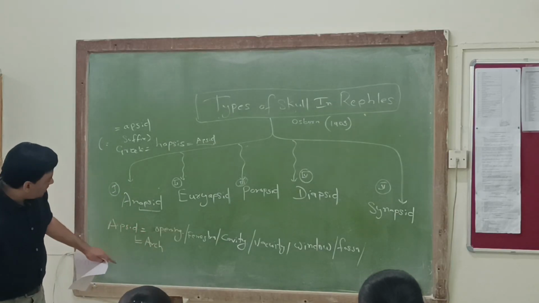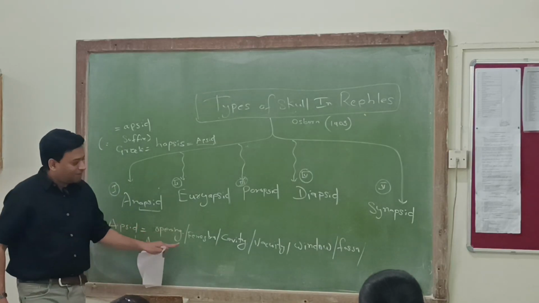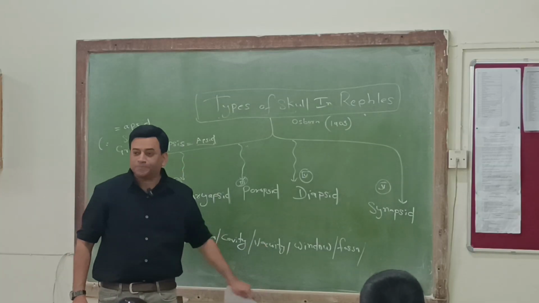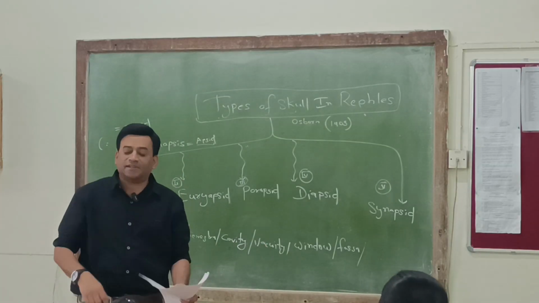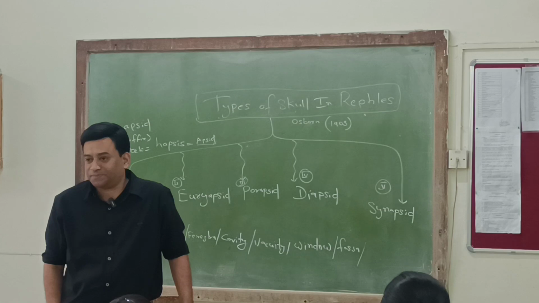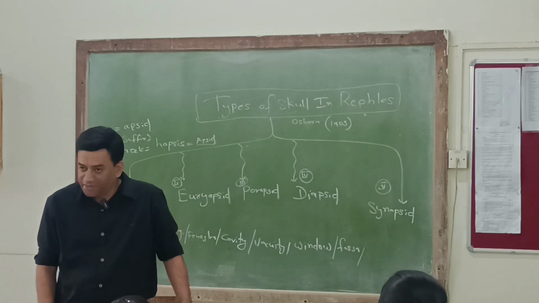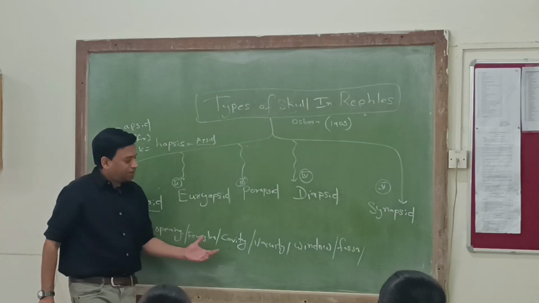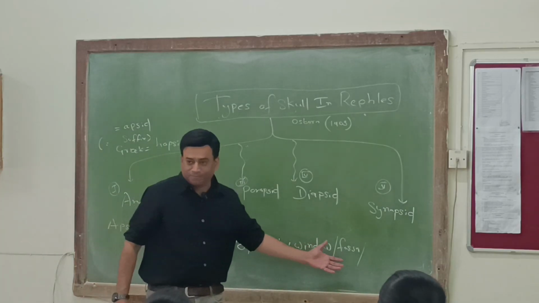But you can use words like opening, cavity, vacuity, window, which are used in scientific text. But right now, the words we actually use are fenestra, vacuity and fossa.